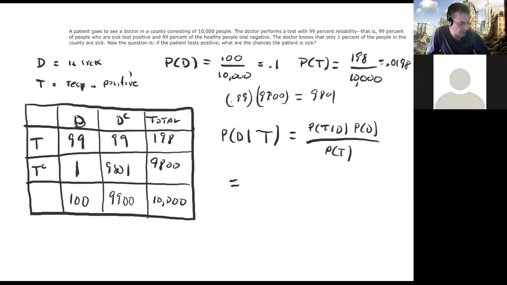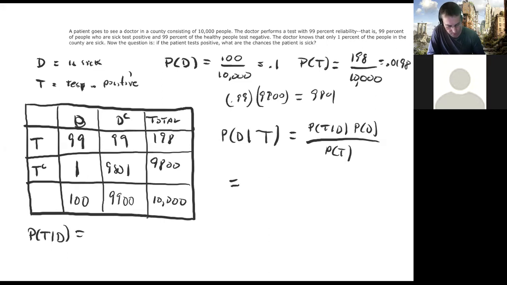So we have to figure that out. Well, that's not hard because that's actually given to us. It says that 99% of all people, yes.